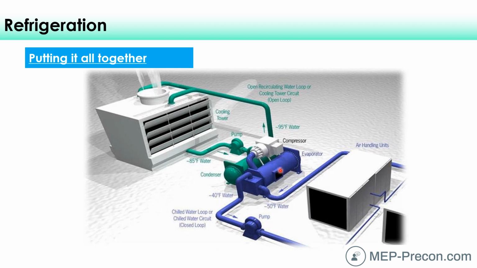And so it gives up its BTUs to the refrigerant, causing that refrigerant to boil, and the water then comes out colder because it's given up its BTUs, it's given up its heat. The temperature is colder, and it comes back and it's able to absorb more heat from the space that way.